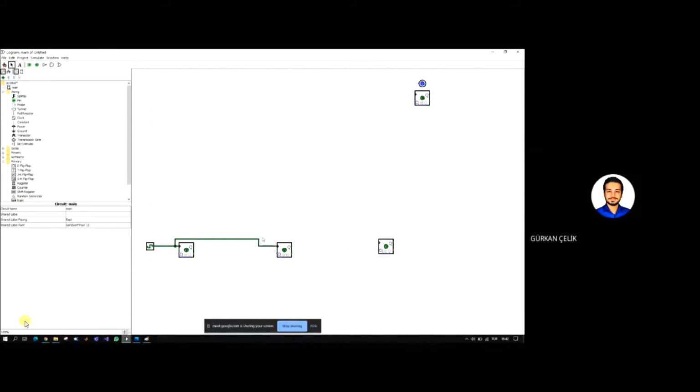We connect these clocks in order to synchronize all the flip-flops. It's a synchronous circuit. And what is the expression of D? DA is... Let me add these labels to help you better understand.